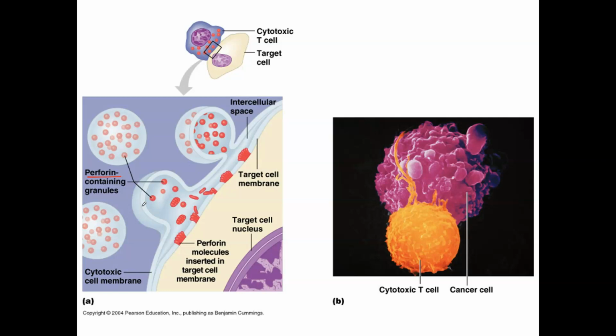And perforins can actually create holes in the infected cells so that the target cell will lyse. Cytotoxic T cells can also release death ligands that can lead to the apoptosis of the infected cells. So there are a variety of ways for cytotoxic T cells to destroy infected body cells.